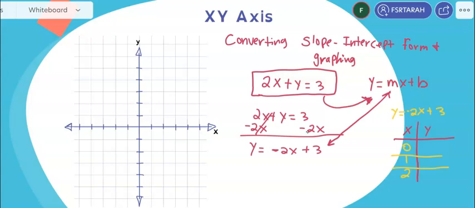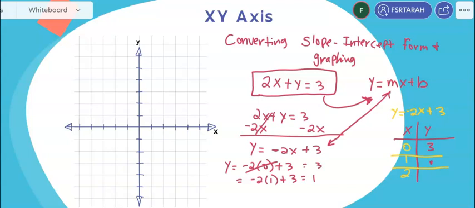So if I do y equals negative 2 times 0 plus 3, the 0 cancels out the negative 2, leaving me with 3. So we have our first point, 0, 3. Now if I do 1, negative 2 times 1 would be negative 2 plus 3, which would be 1.